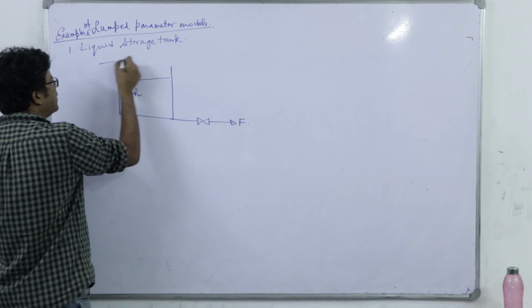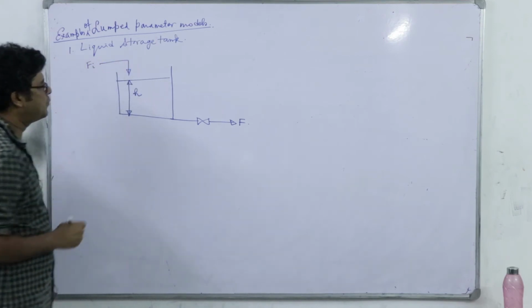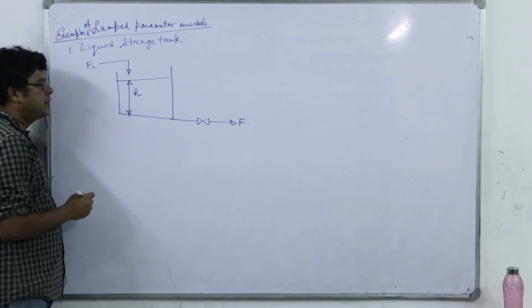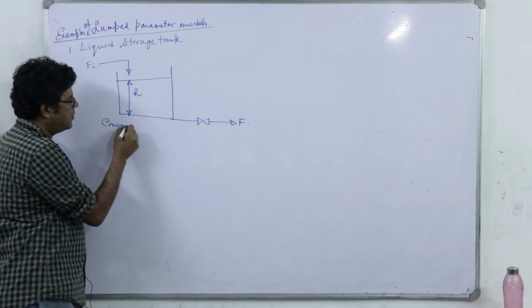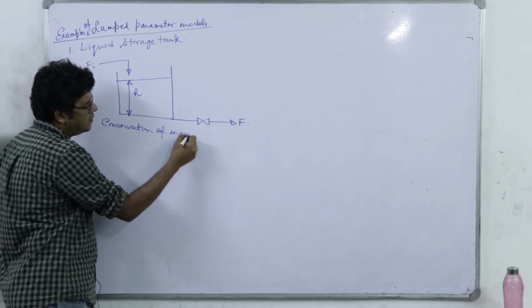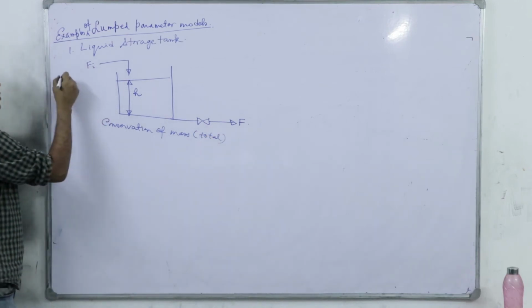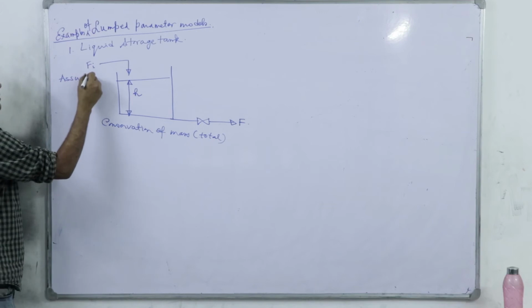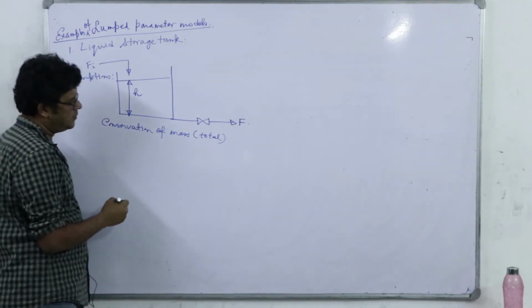F, H and Fi. So, definitely we are going to apply the conservation of mass, that is the total mass. And we will go on listing the assumptions as we try to simplify the system.